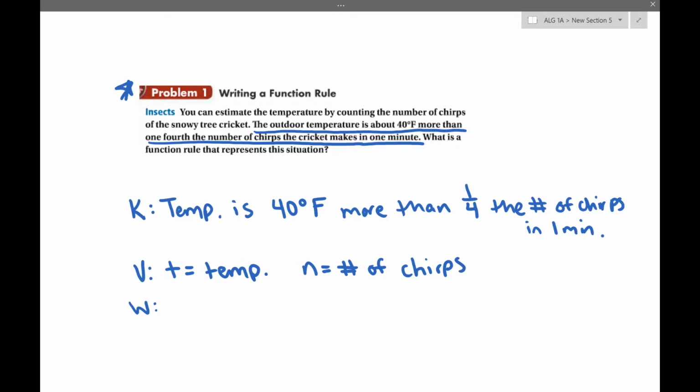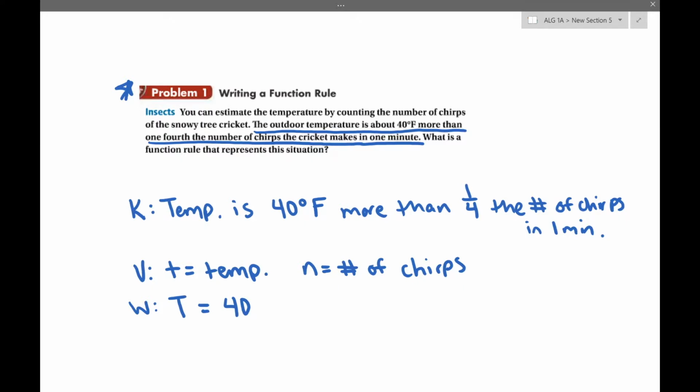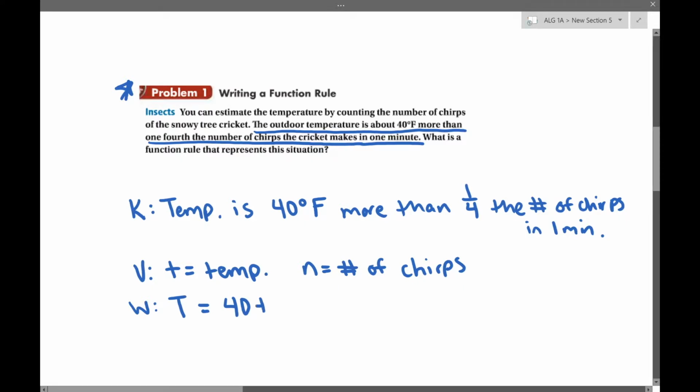So we don't know my temperature yet, so we have to put T equals 40, because 40 is what it is. Temperature is 40 more. So if it's more, that means it's got to be plus 1/4 the number of chirps. Well, we don't know the number, so I have to do 1/4 times N. Okay. Another way I could write this is T equals 40 plus 1/4 N.